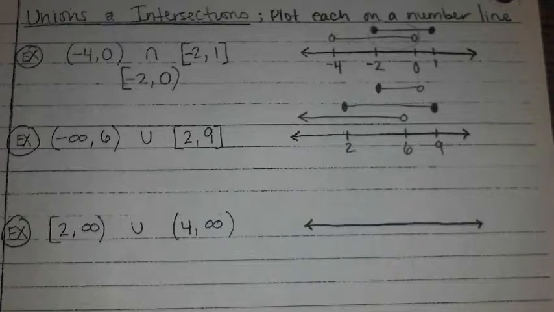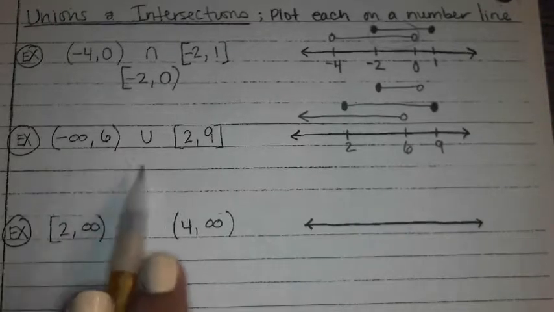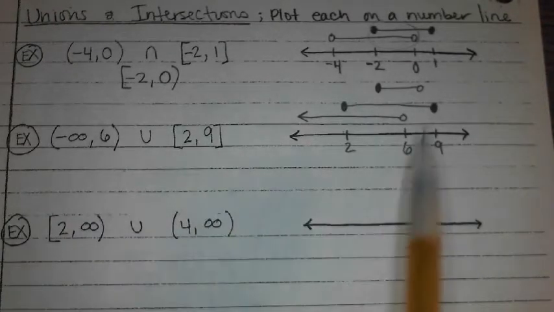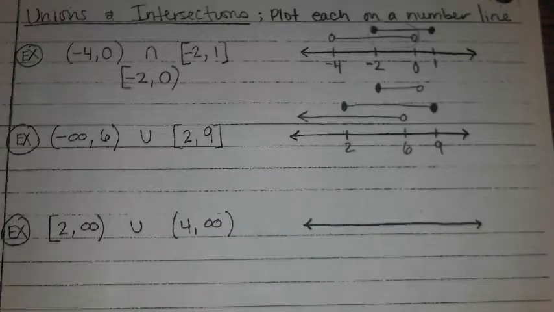But here they're not asking for the intersection. So we're not really interested in where they overlap. We're interested in collectively grabbing all of those numbers and writing the interval notation that includes all of what we just grabbed. Raise your hand if you think you can take a stab at that.